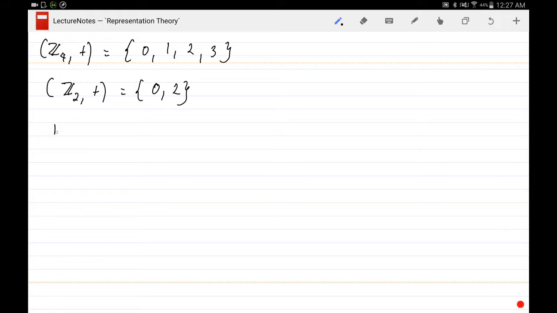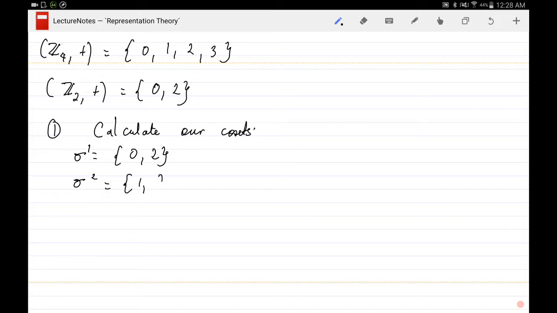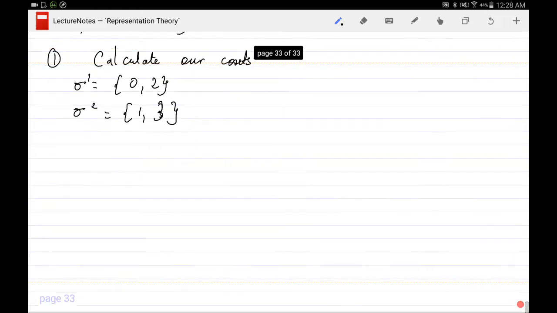The first thing is to calculate our cosets. Our first coset is clearly going to be 0, 2, and our second coset is just 1, 3, and we only have 2 cosets to worry about.